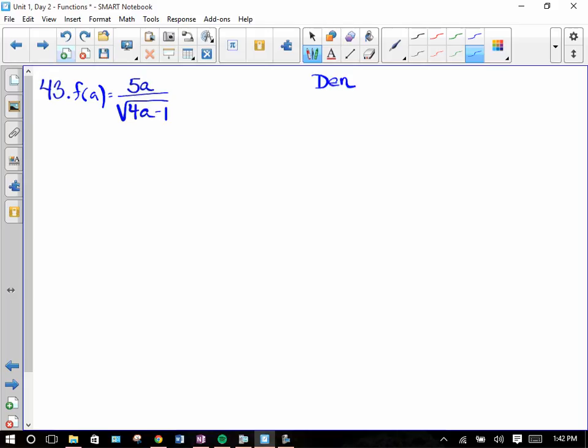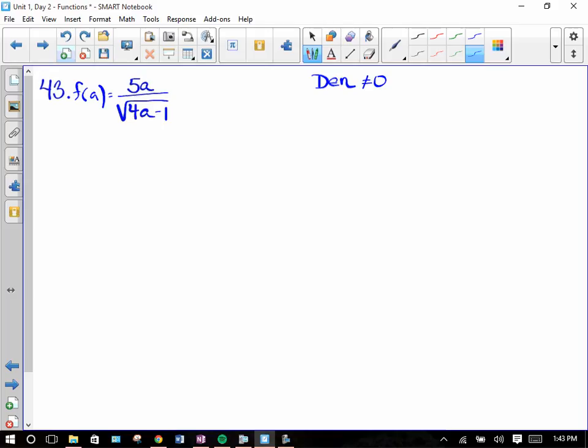So the denominator cannot equal what? Cannot equal 0. Okay? We also have the square root. The square root has to be what? It has to be positive or 0, right?